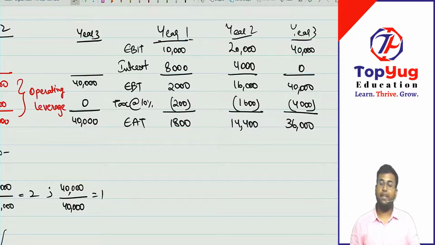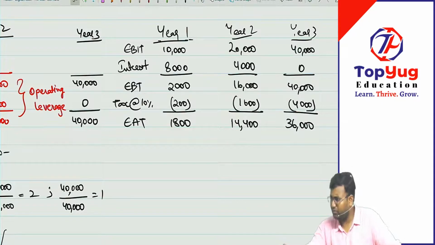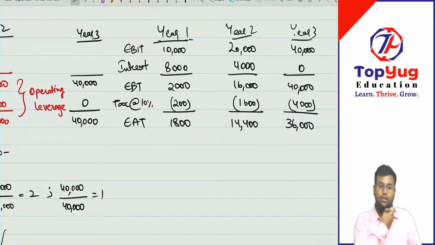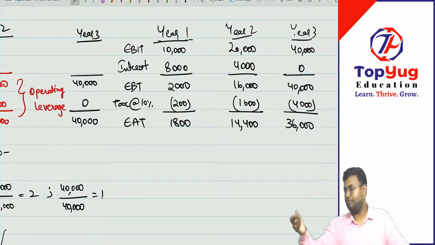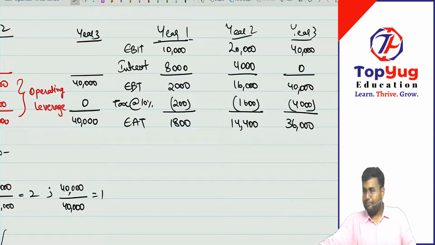Then what is the degree of financial leverage? EBIT by EBT. Yes or no? Are we all with us? Everybody understood the basic fundamental concept?